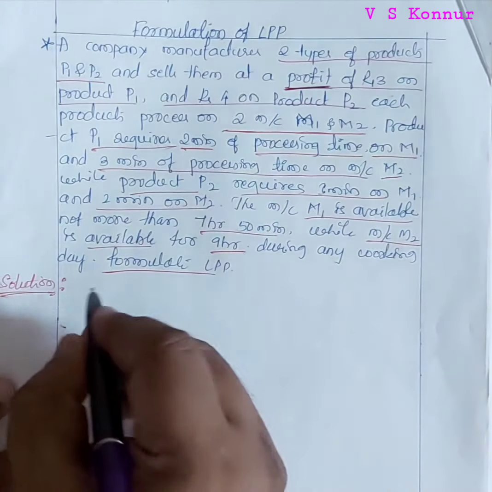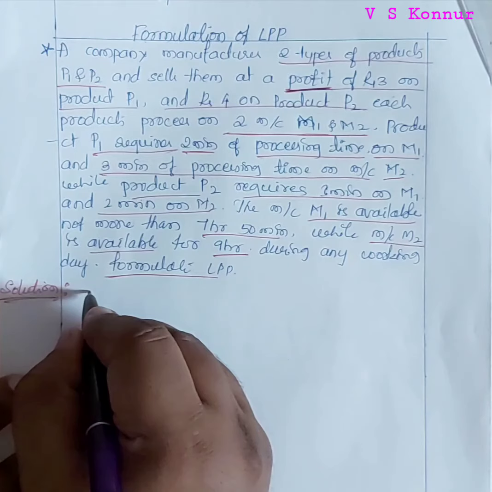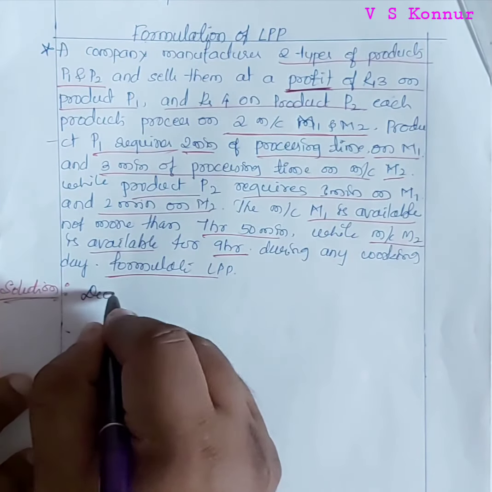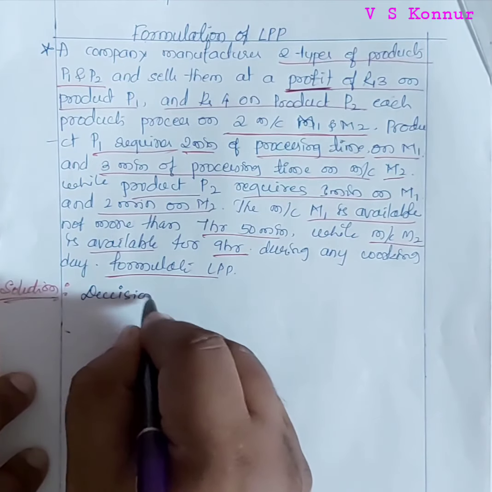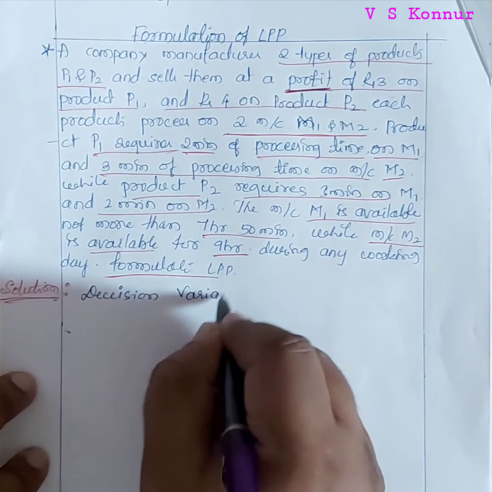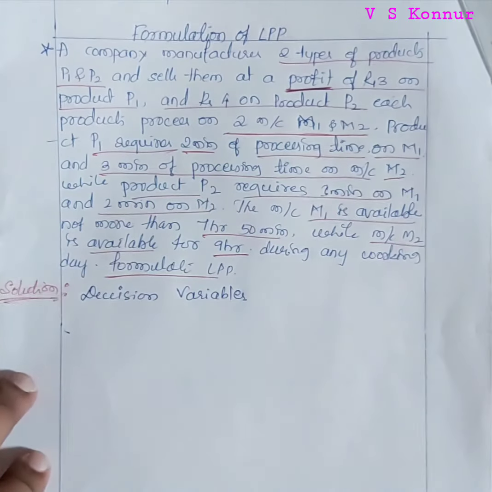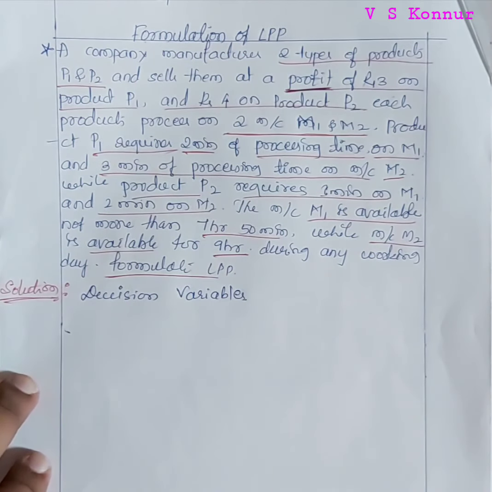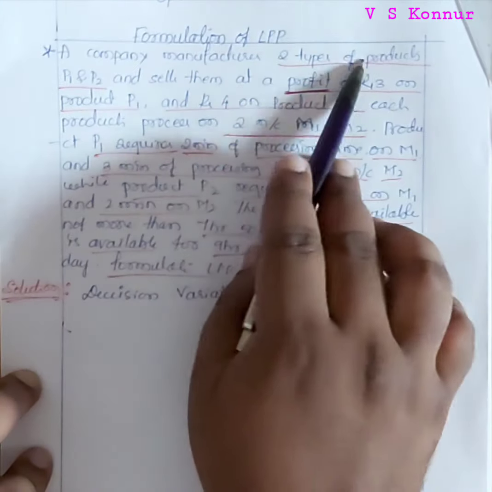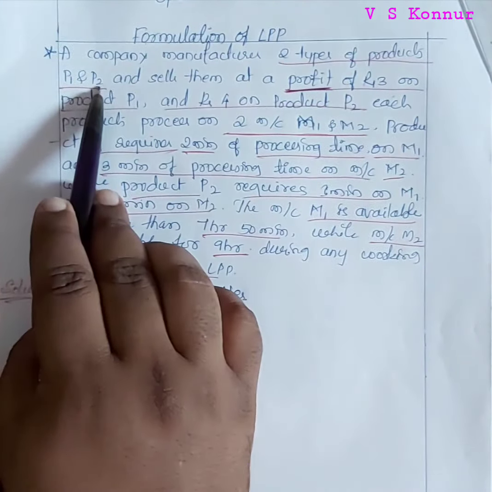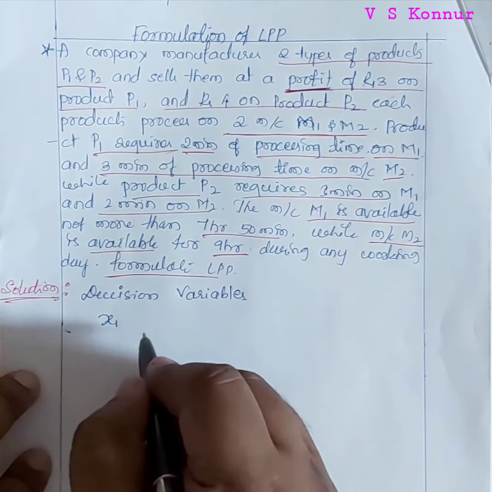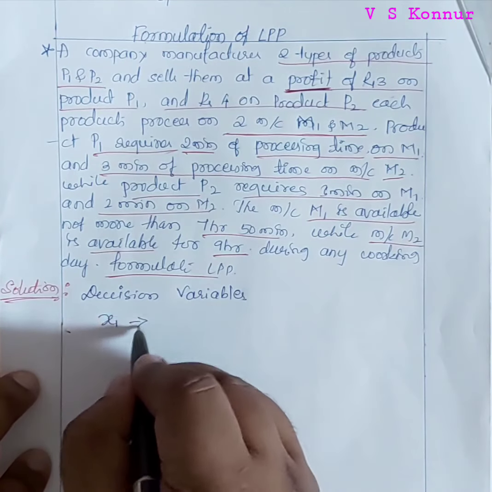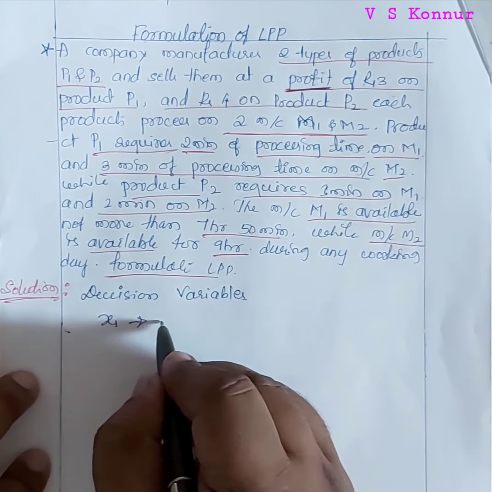Now we'll define the decision variables. How to define these decision variables? It depends upon the number of products. Two types of products are there, that is P1 and P2. First I will define X1. This X1 value corresponds to the product P1.